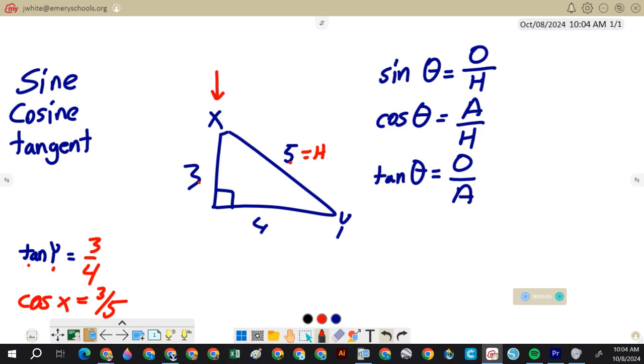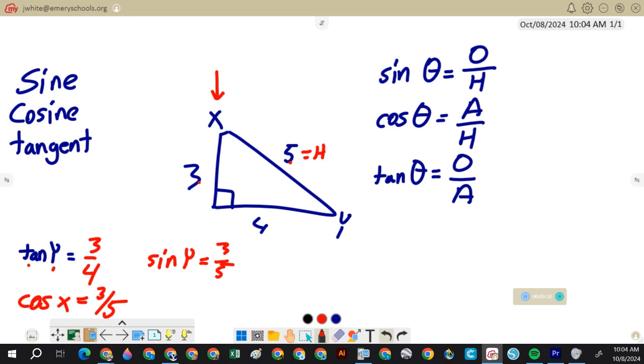Okay? What is the sine of angle Y? So the sine of Y is going to be the O side divided by the H side. So if I look at Y, which side is O? 3 over 5.